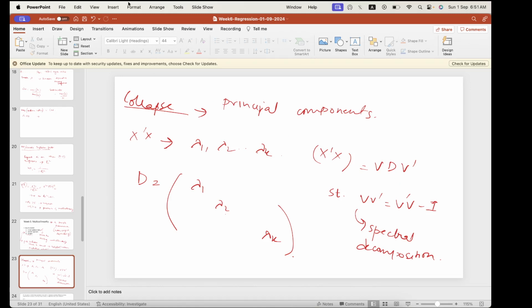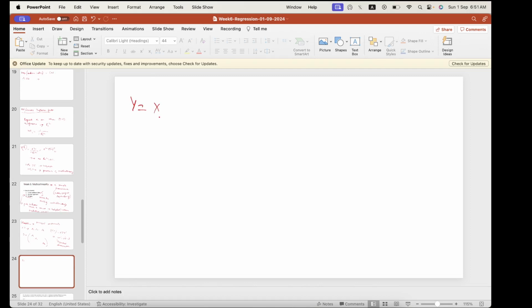So then what do we have? We can write y equal to X beta plus epsilon as y equal to X V V prime beta plus epsilon, since V is an orthogonal matrix. Then we write XV as Z, some transformed variable, and V prime beta as, let's say, alpha, plus epsilon.